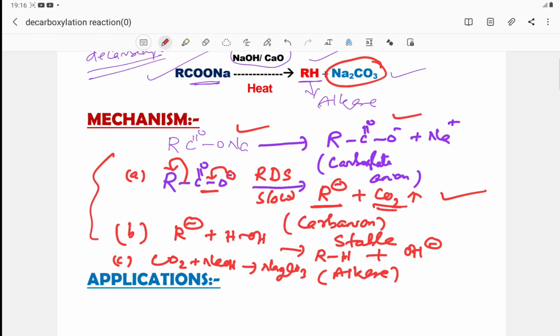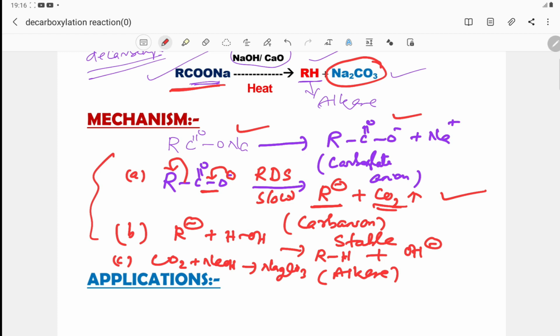During heating, calcium oxide decreases the melting point of sodium hydroxide, so sodium hydroxide after melting completely fuses with the sodium salt of carboxylic acid and forms alkane. In the mechanism, this H is produced from the base, from the reaction of NaOH with the sodium salt of carboxylates, and it produces alkane. Okay, so this is the mechanism.